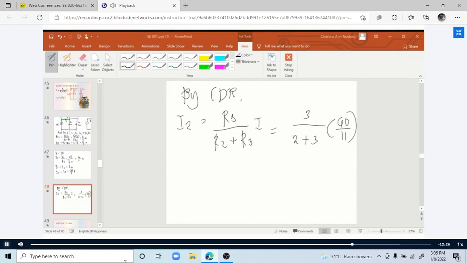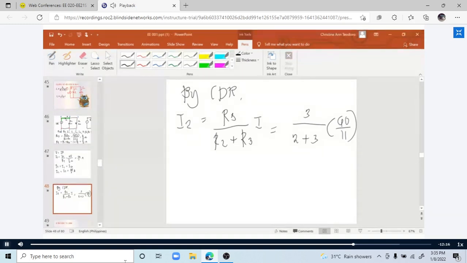Am I correct? 3 times 60 is 180. Use your calculators, please. So I2 is 36 over 11 amperes.